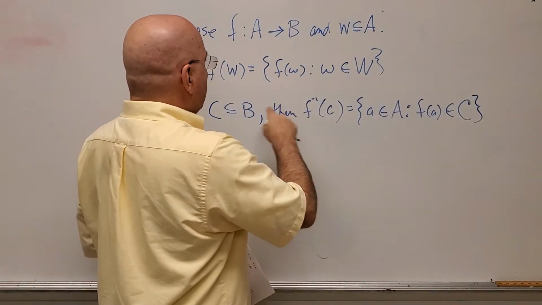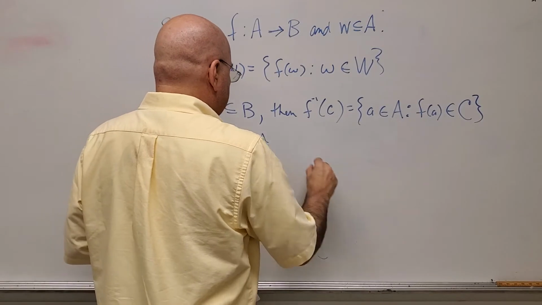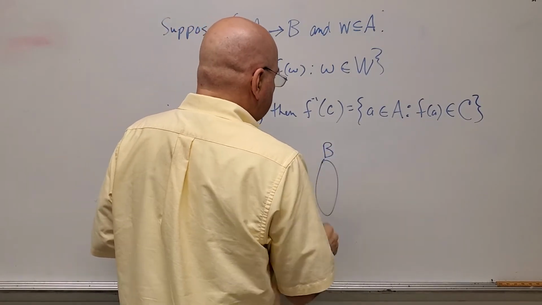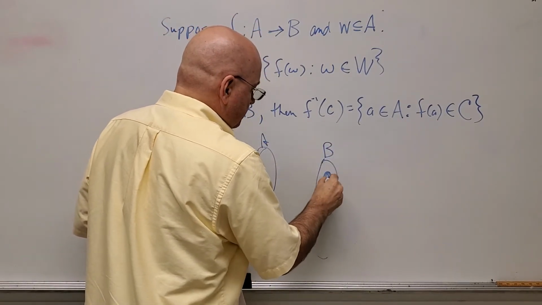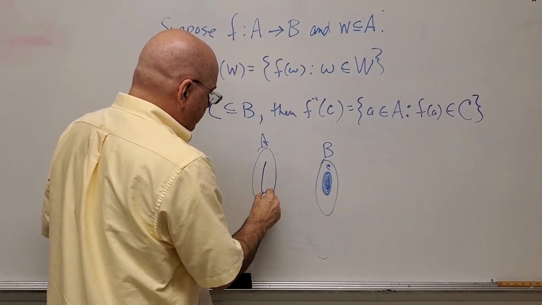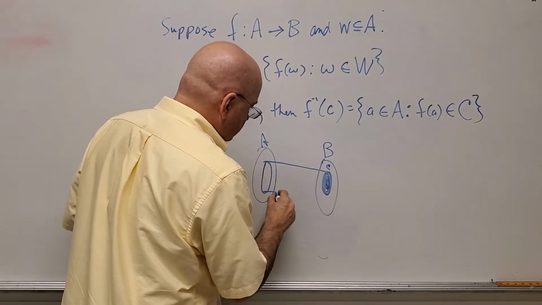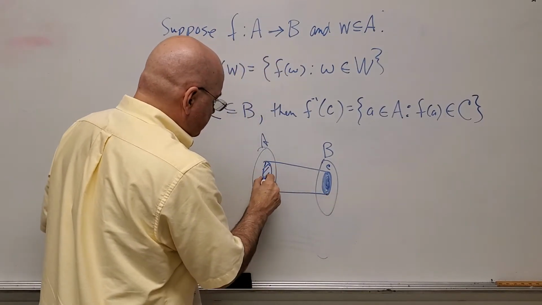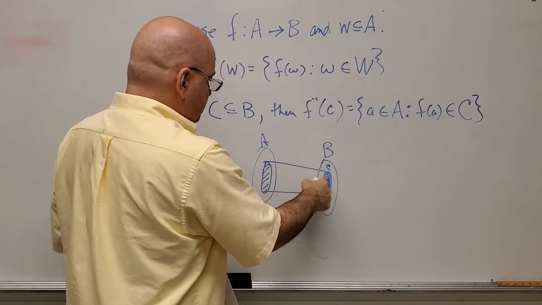So it's a set of all elements in A. Let's say this is C, and maybe all of these elements map to those. All of this would be f inverse of C right here.